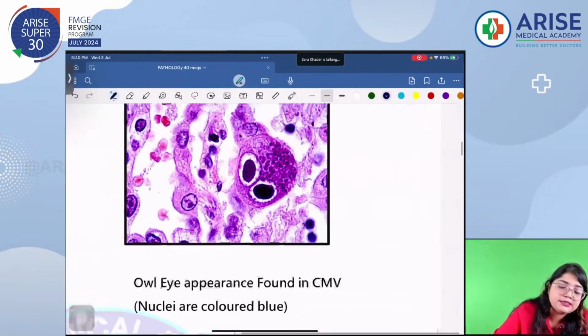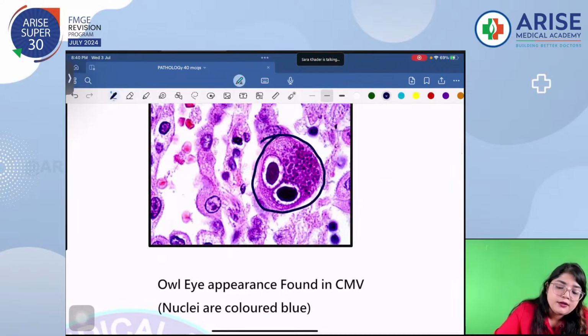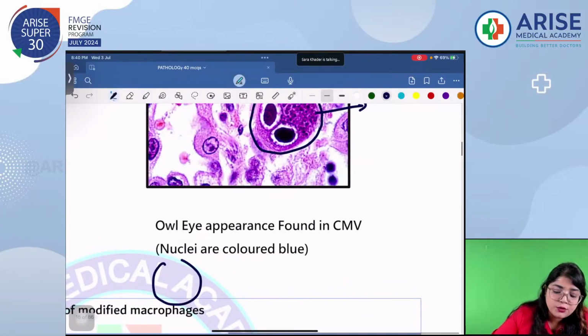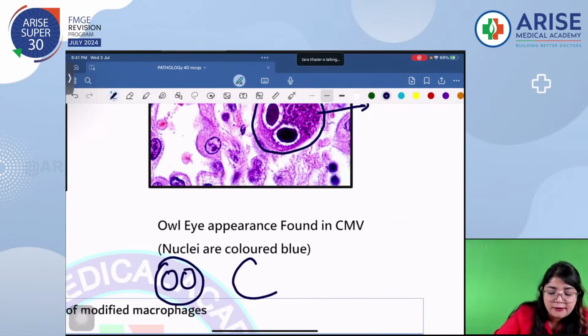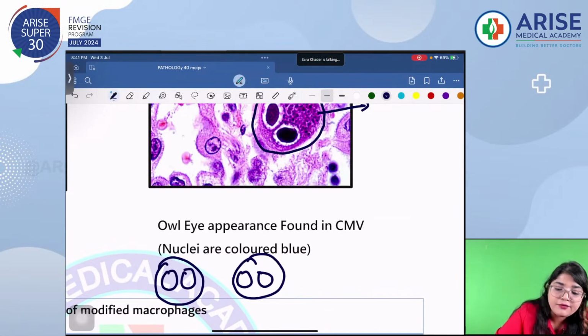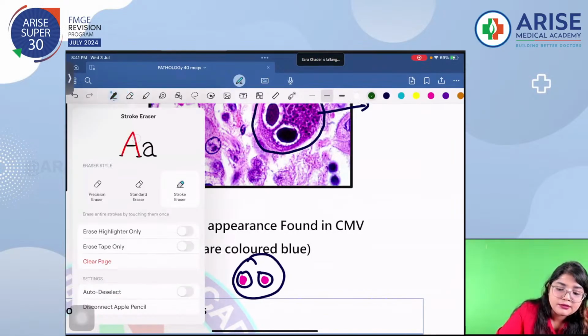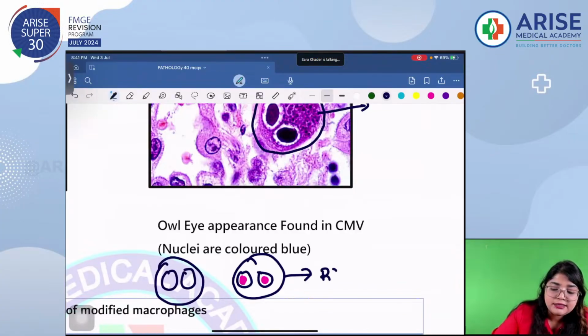What about this? This is actually your owl eye appearance. So there are 2 cells with the owl eye appearance, right? If you have pink nuclei, remember this is a Reed-Sternberg cell, seen in Hodgkin's lymphoma.